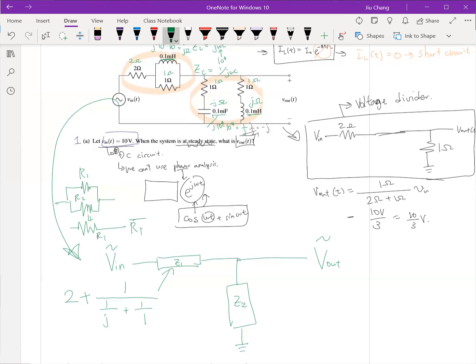So we know that 1 over R total is equal to R1's reciprocal plus R2's reciprocal. But yeah, basically we know that R total is just the reciprocal of the sum of these two fractions. So that's what I wrote down here.